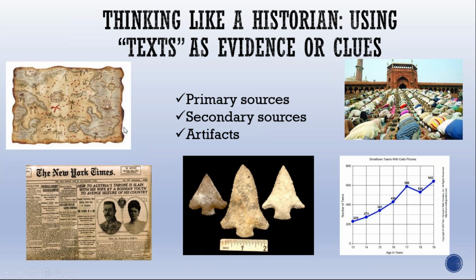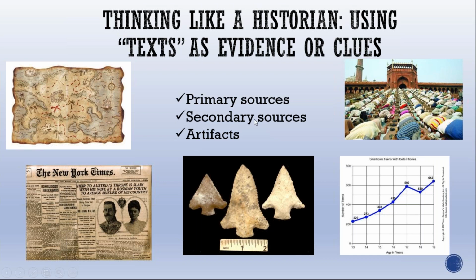It could be a map, and we're using a visual text, or a newspaper headline or article, it could be written text, it could simply be a textbook, and that's okay. It could be artifacts that came up in our chat screen. It could be a photograph, and we try to look at that and make some meaning, or it could be a graph, and we know that in all the assessments, analyzing graphs and charts are skills that students are going to have to do in all content areas.